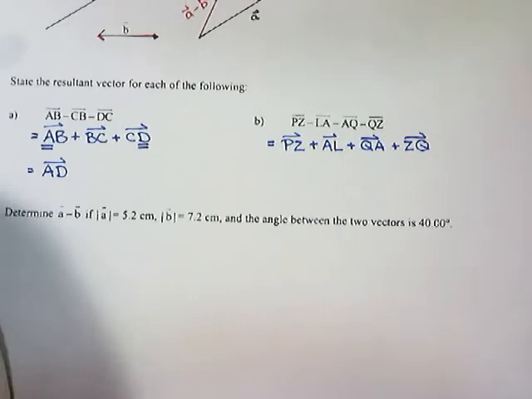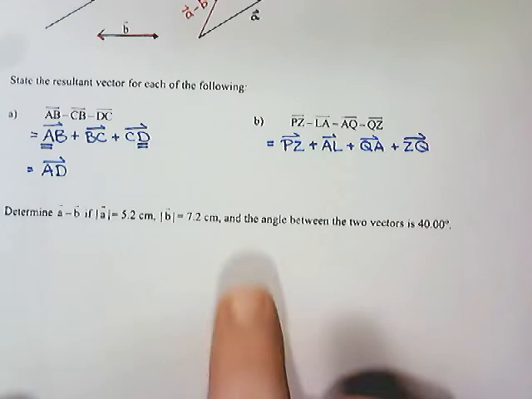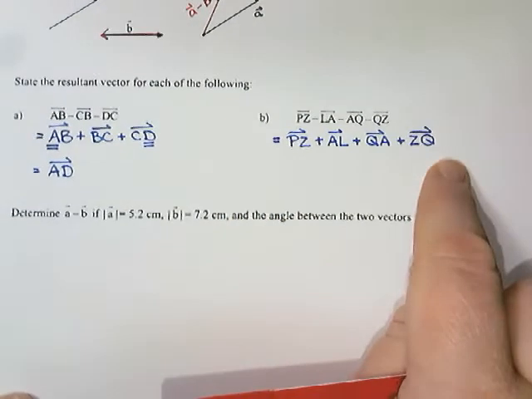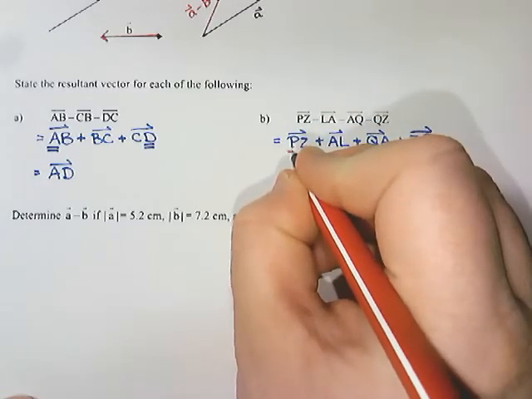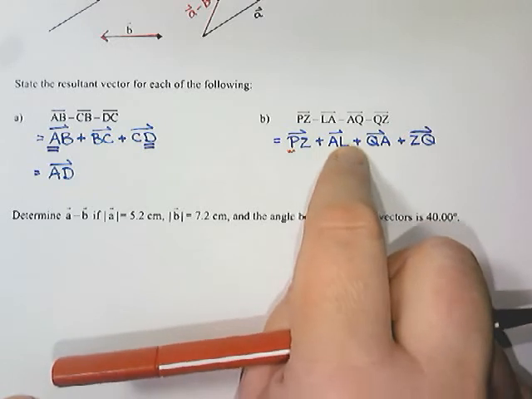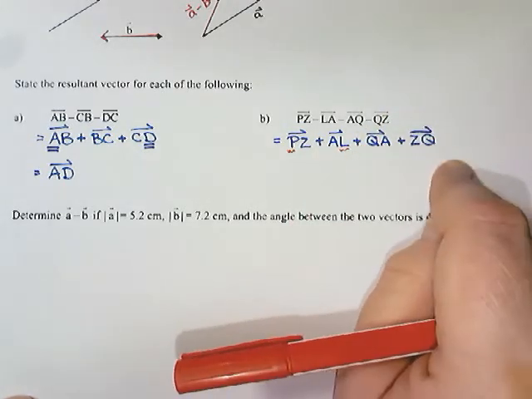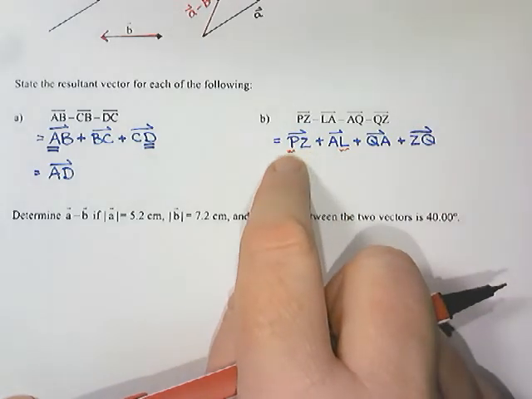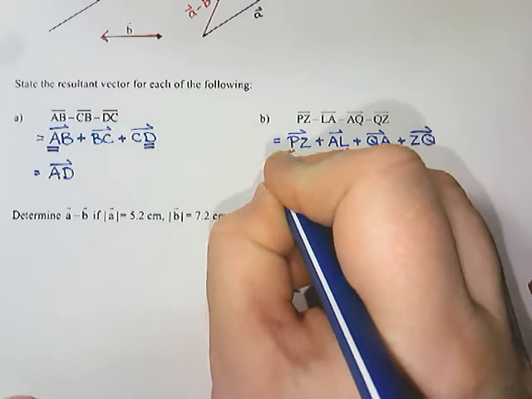What I recommended in our previous question is you look for unique letters, so letters that only show up once. That would be the P. The P only shows up once. Z I see twice, A I see twice, L I only see once, and then the Q I see twice. So I'm going to start with the one that starts with the unique letter, which is the P. So I'm going to do PZ.